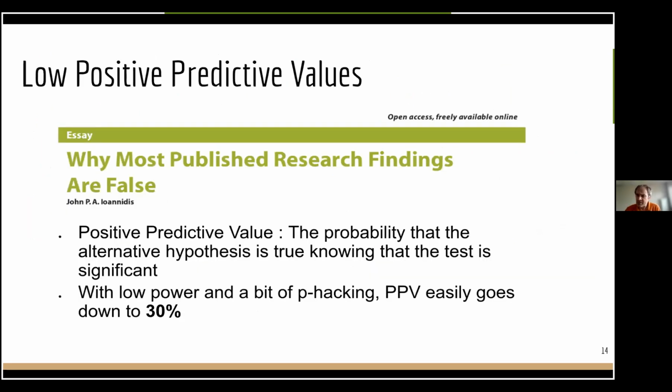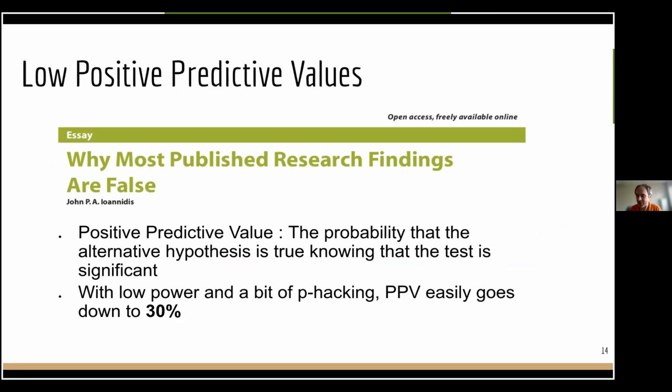So the small effect sizes and the small sample size, the small number of participants in the study, lead to a small PPV. PPV, what is PPV? It's the positive predictive value, and it's defined as the probability that you actually have an effect, knowing that you have a significant test.